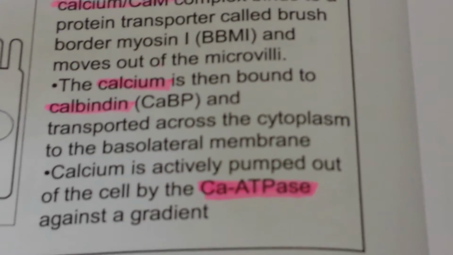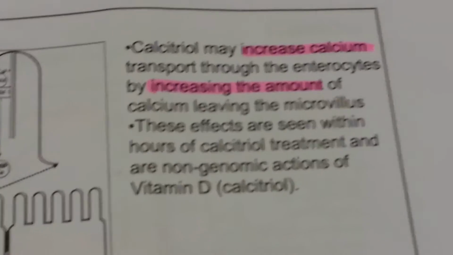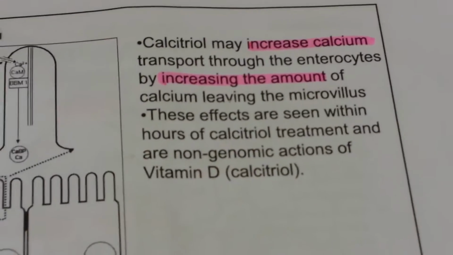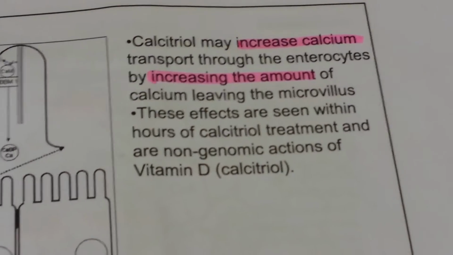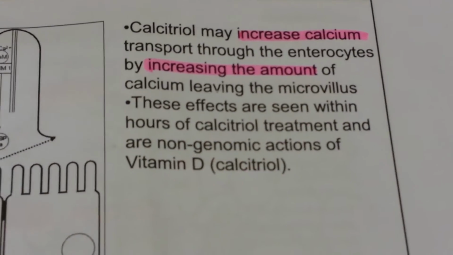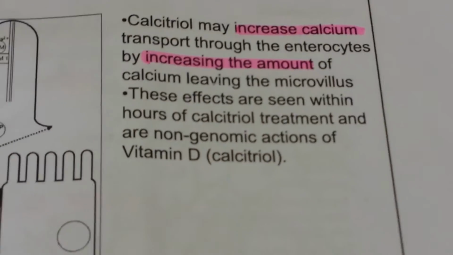Calcium is actively pumped out of the cell by the calcium ATPase against the gradient. Calcitriol may increase calcium transport through the enterocytes by increasing the amount of calcium leaving the microvillus. These effects are seen within minutes of calcitriol treatment and are non-genomic actions of vitamin D.